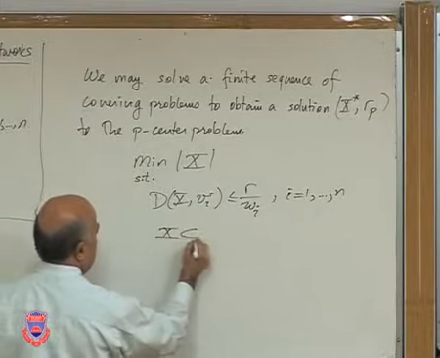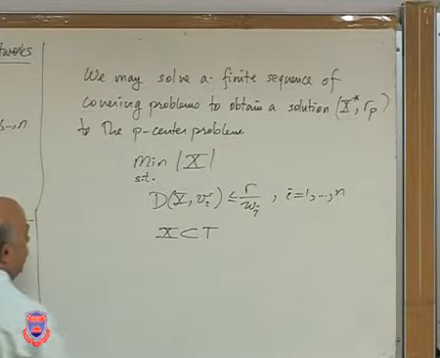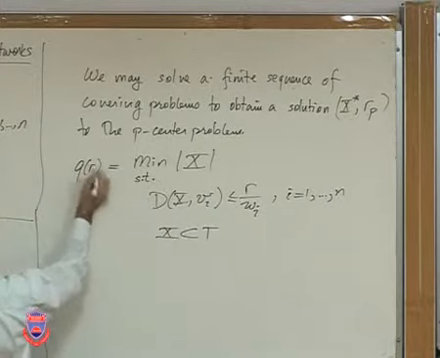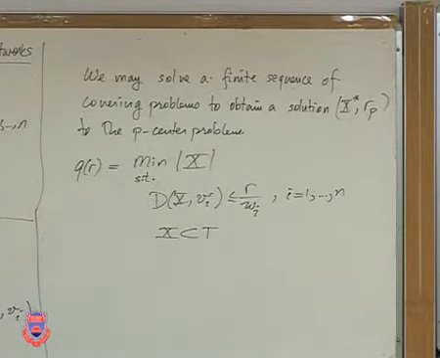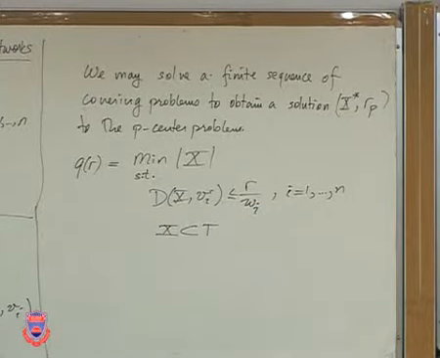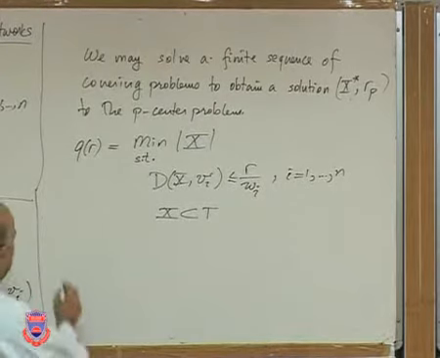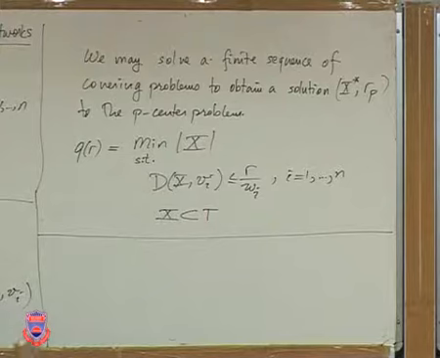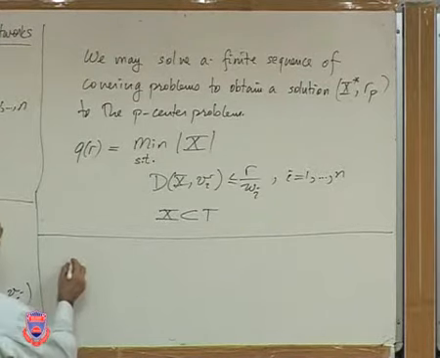X is a subset of T, no cardinality restriction, and the output of this is some integer q, dependent on r, q of r. Just to refresh your memory, what kind of an r am I looking for?